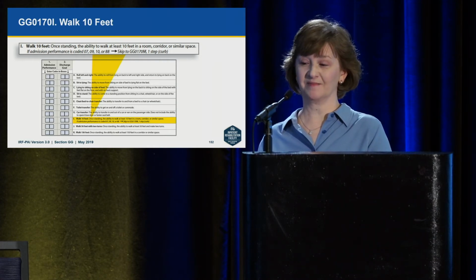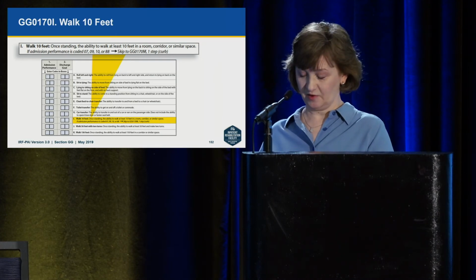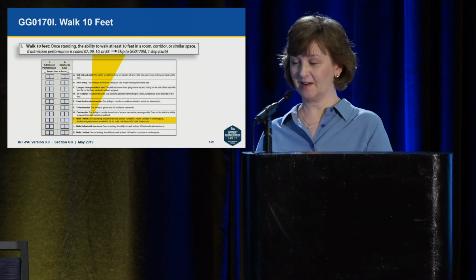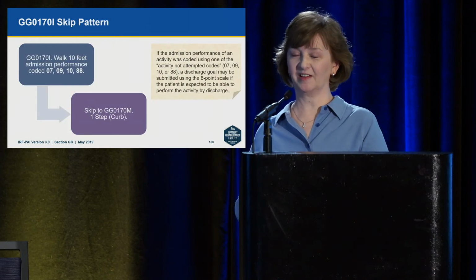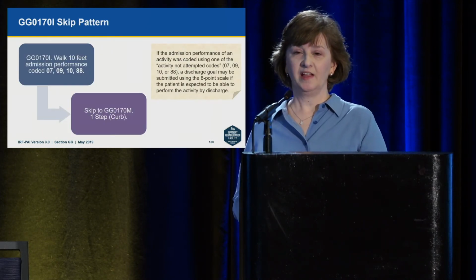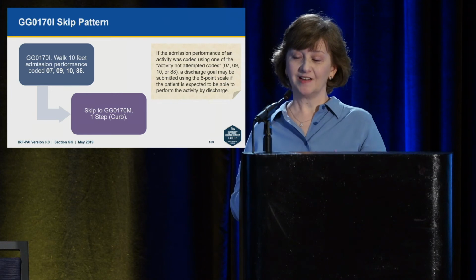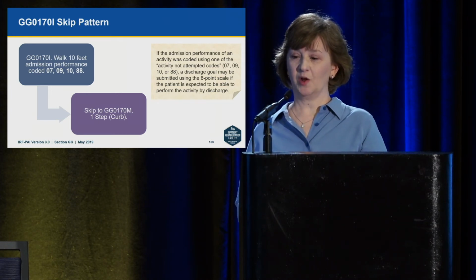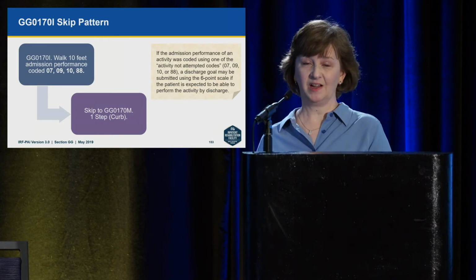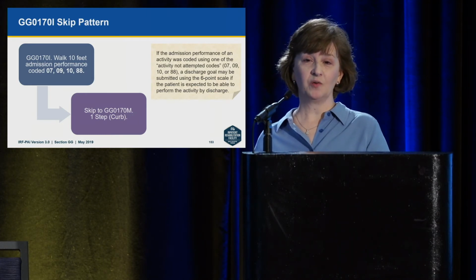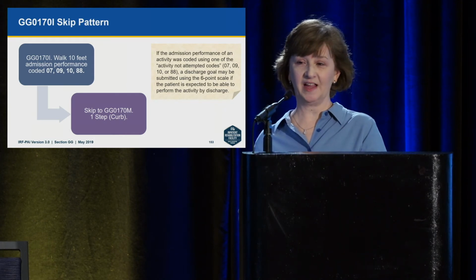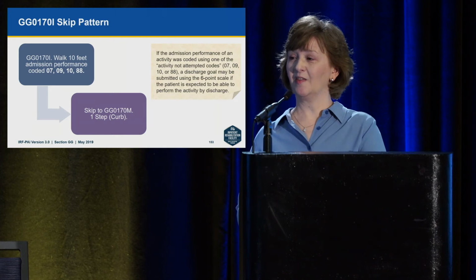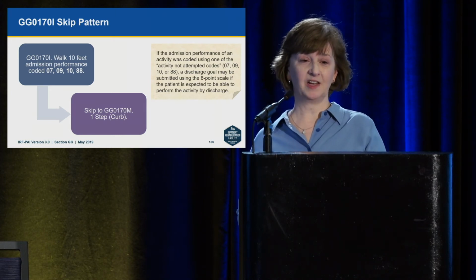I do want to highlight that there is a skip pattern related to this item, and in fact, we have a slide specifically addressing this. So if the patient is not able to walk 10 feet, you may be coding either a 07, meaning the person refused, or 09, not applicable, meaning that the person did not perform the activity at the time of assessment, and the person did not perform that activity prior to the current exacerbation, illness, or injury.